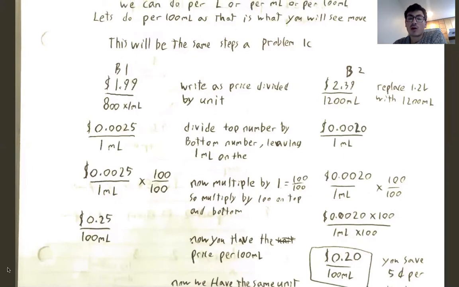For bottle one, what you could have done is just divide the top and the bottom by 8, and you get the same value. We're going to talk about that in part 2, the lesson on Monday, about how we can use some more mathematical reasoning instead of going into more formal math to solve these problems. But the point of doing the formal math is not so that you can do this all the time when you go out.